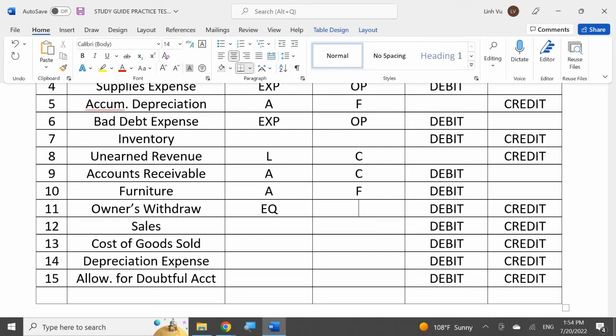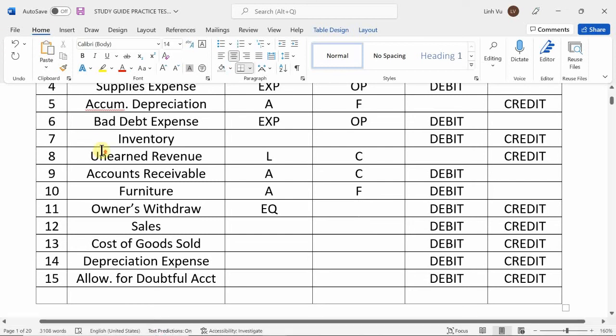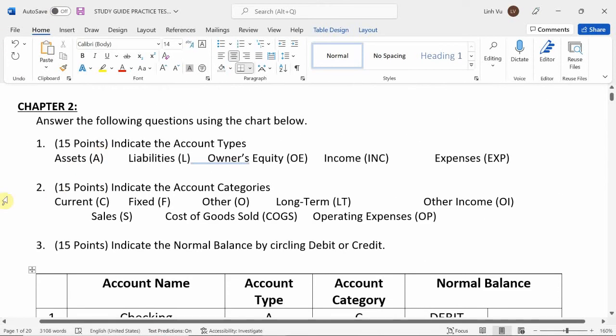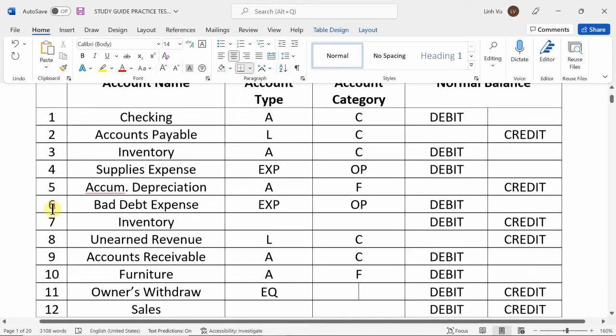Not retained. It is a contra account to the owner's equity, isn't it? It is a contra account. That is correct.